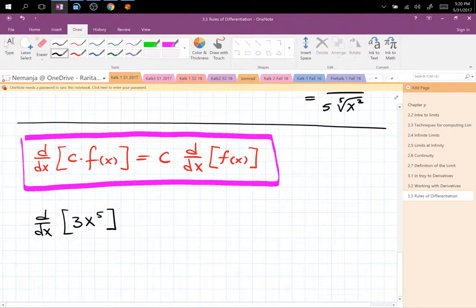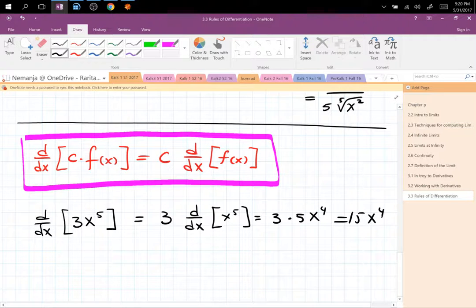You can see that 3 multiplies x to the 5, and that's the one that can be kicked out in front. So the rule allows us to ignore the constant for a while, take the derivative of the basic function because we have formulas for that, and then just multiply that constant back into the answer once we are done.